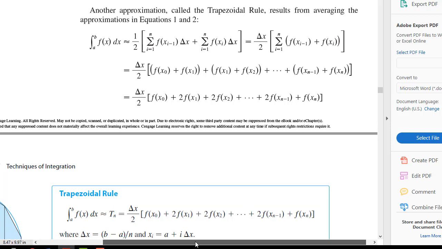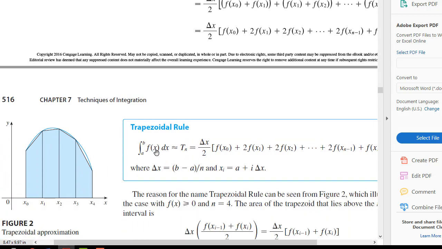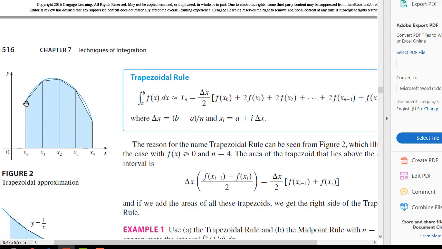And I just want to point out to you visually, right? Here's what a trapezoid is. So instead of a rectangle, we're building a trapezoid. So we still have the same delta x that we calculated in those first three examples. I would have a delta x, and I want equal delta x's. Instead of the left endpoint coming out and creating the rectangle, or the right endpoint, or the midpoint, we're going to do a trapezoid.